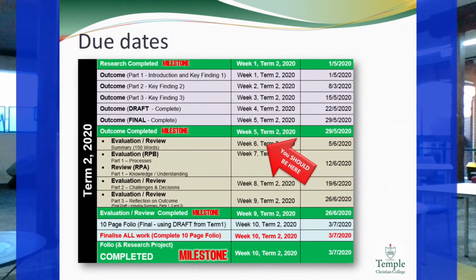Timeline. So you should have your outcome completed. So you are now looking at your summary in week 6, just 150 words to get started. And then in week 7, 8, and 9, one of those R1, R2, and R3 for each week.